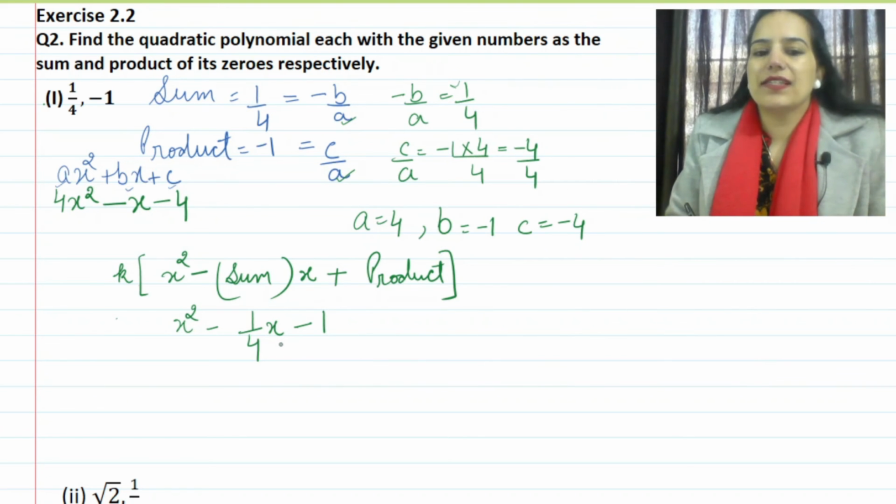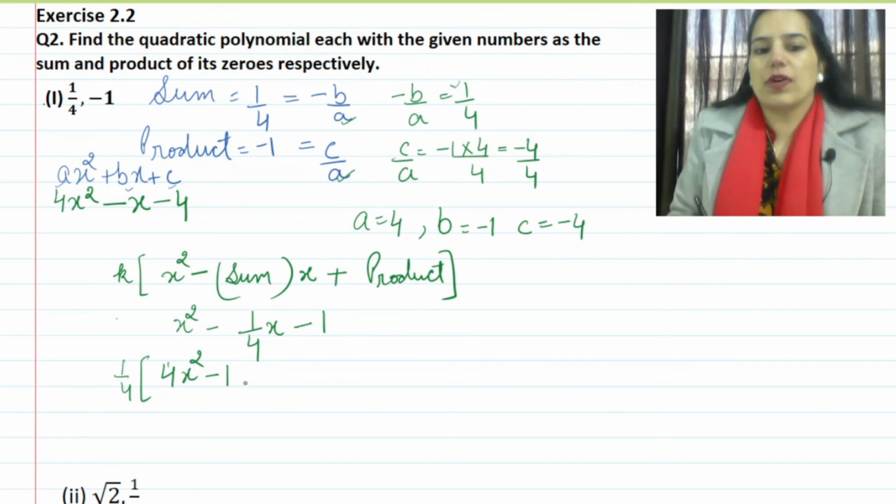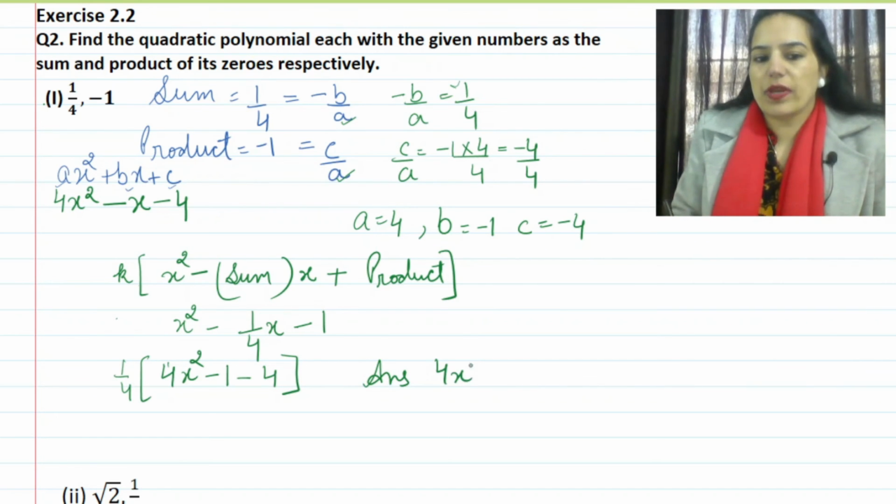So I'll take the LCM here so that the coefficients become whole numbers and then drop the k also. So this will be actually 1 by 4 if I take out, it is 4x square minus x minus 4. And then we'll drop the k also because it is k times. So your answer is 4x square minus x minus 4.